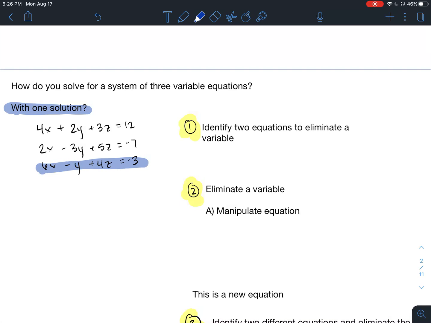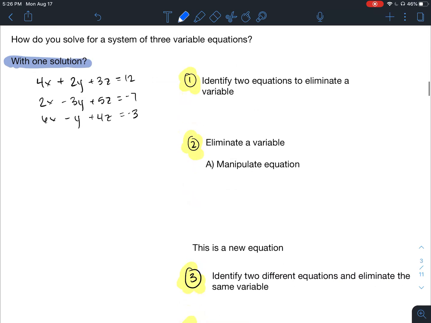And then I want to pick one of the other 2. Well, I'm going to pick this one right here. So I'm going to write those 2 equations. So I have 4x plus 2y plus 3z is equal to 12. 6x minus y plus 4z is equal to negative 3.